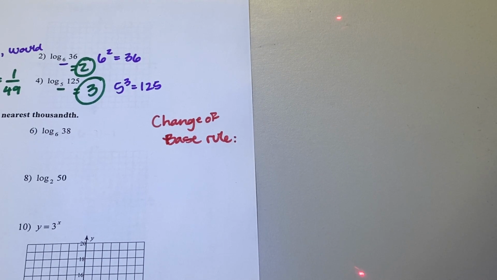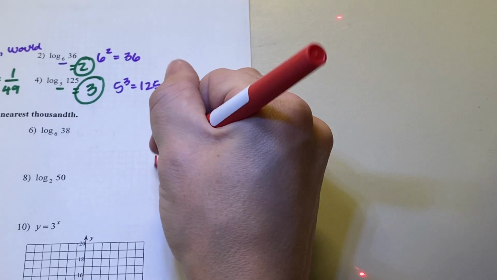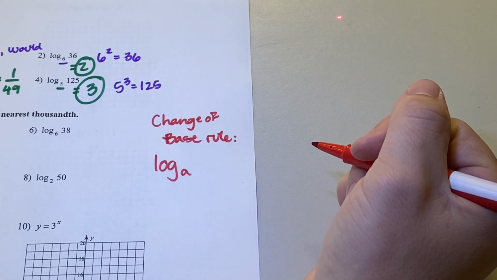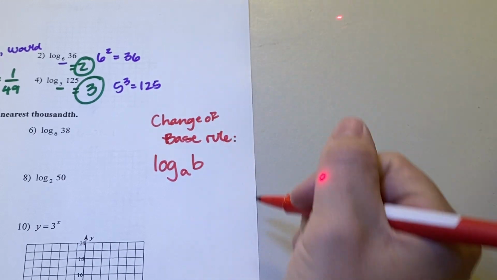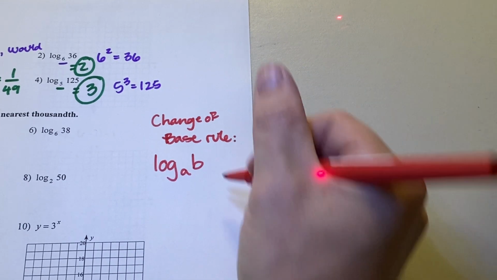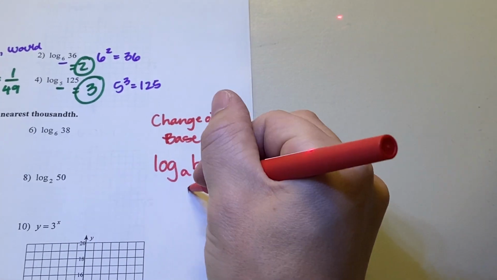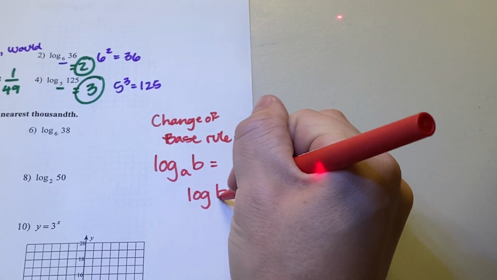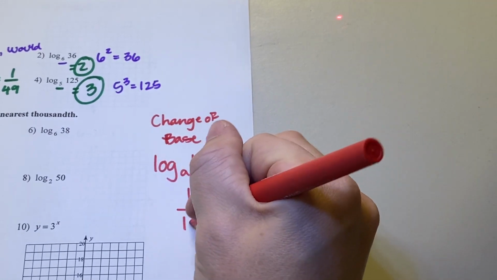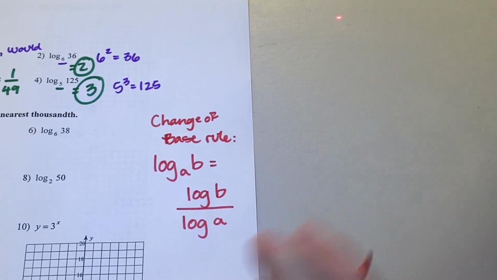Okay, well, the change of base rule means we're going to have log. We'll say that the base is A and the bigger number is B, right? In order to evaluate this, you're going to take log of your bigger number in your calculator, divide it by log of your base.